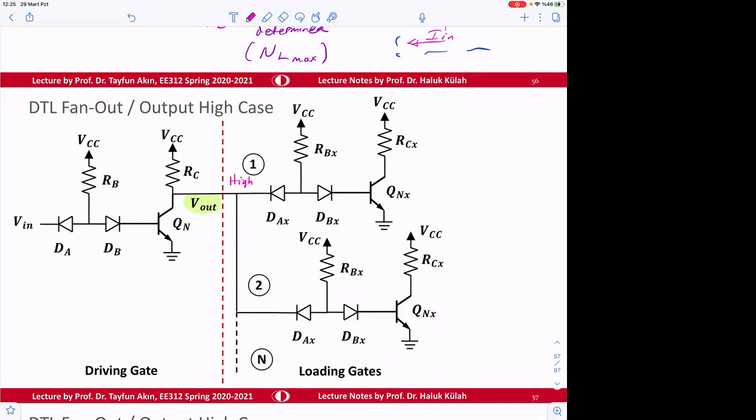So in order to keep that high case, we need to apply low at the input. So low, if it is coming from a previous gate, it's going to be 0.2 volts. Okay. So if this one is 0.2 volts, let's find out how much current is going to go to this stage.